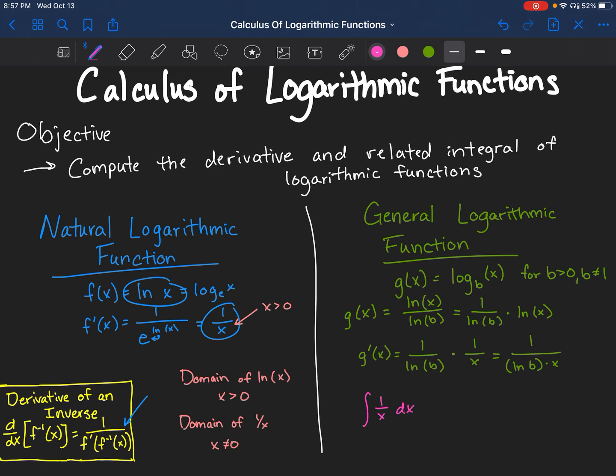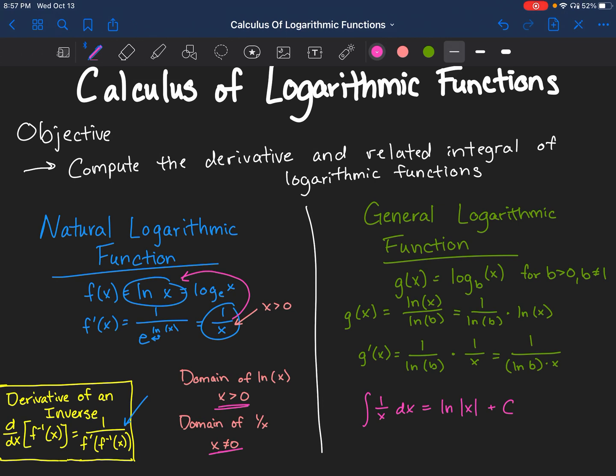Well, in this situation, I'm starting with the derivative, and if I integrate it, I should end up back at the original function. However, the problem comes down to this conflicting domain issue, because I can plug in positive numbers or negative numbers into 1 over x, but I can't enter them into the natural logarithm. And that's where we're going to use absolute values, okay?